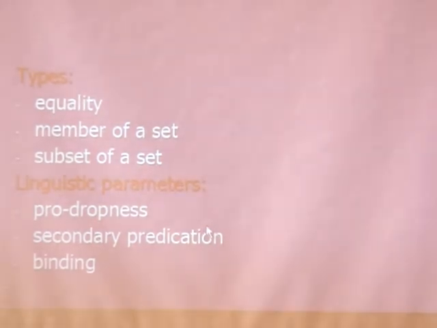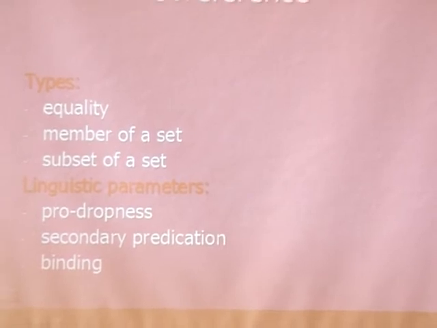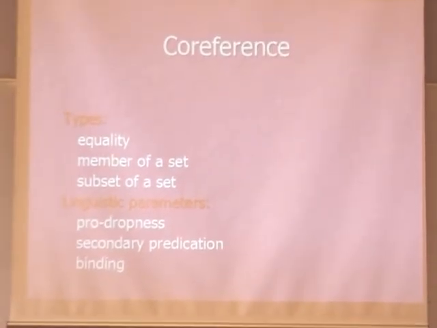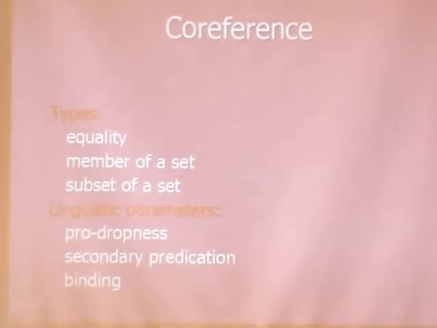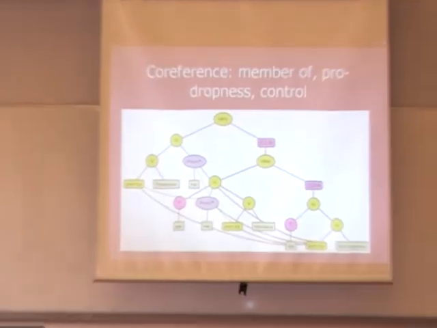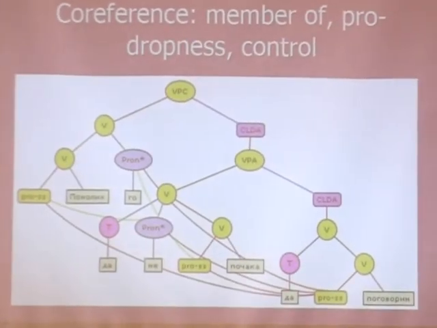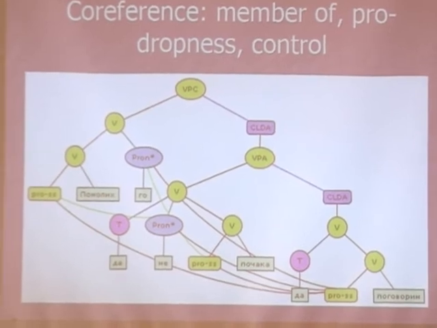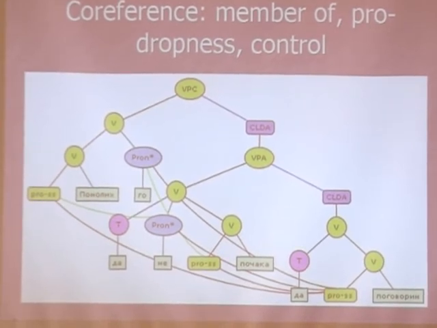A few words about the coreference. We encoded only some types, like equality, member of a set, and subset of a set, which is very rare. And the linguistic parameters involved are prodropness, as you already saw, secondary predication, and binding also. I will give you only one example, which is, I think, complex enough, but it encodes the member of, the prodrop stuff, and control.